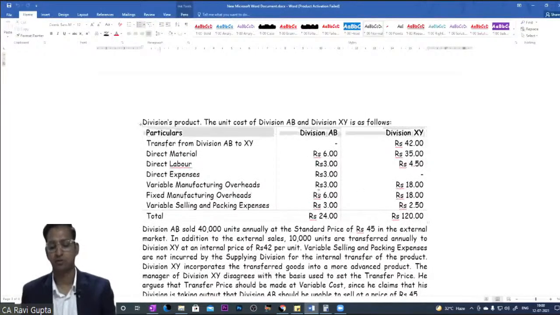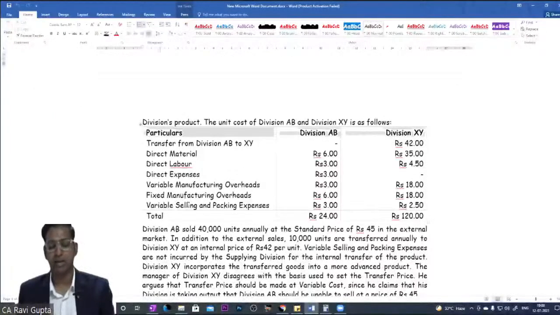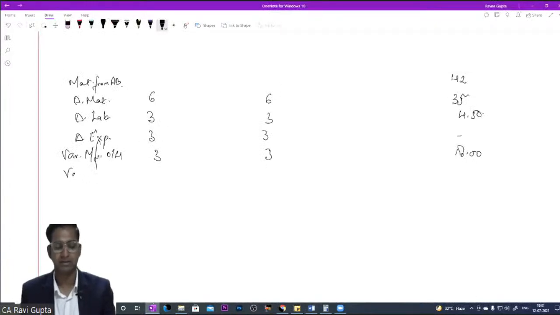Fixed manufacturing overheads we are currently not considering, because we have to calculate a contribution statement. So we need to calculate the contribution. This is the reason why we are not taking a fixed cost. Can you tell me whether we need to take variable selling and packing expenses? The answer is yes.